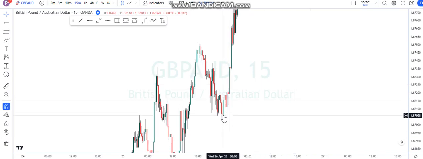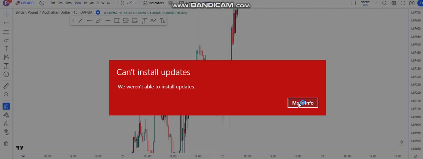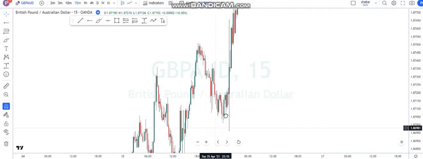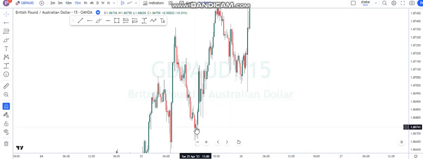Like you see, this was our lowest point, this was the highest point around here. This was low, this was high, this was high, this was low, this was high.